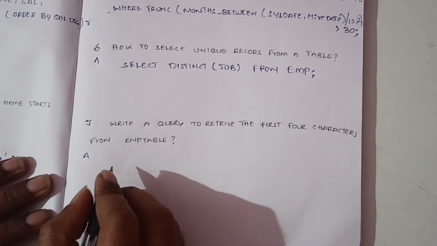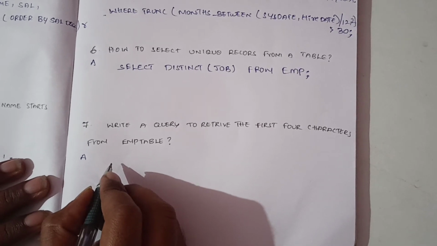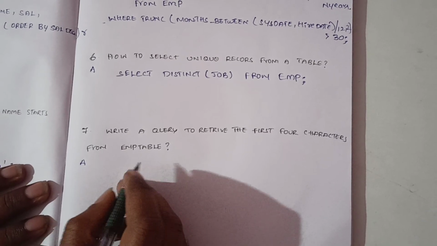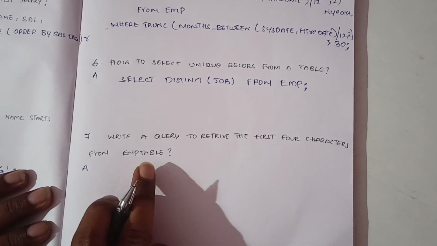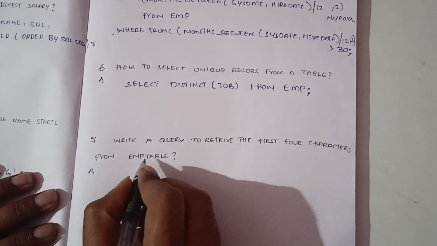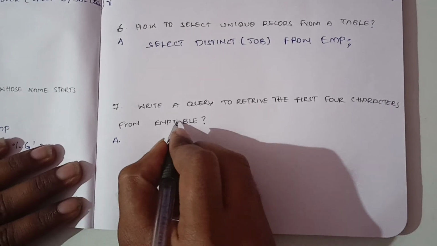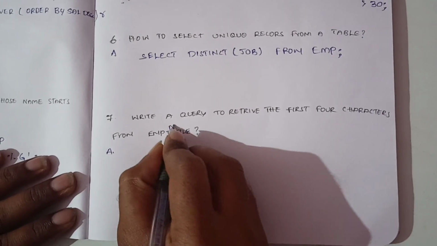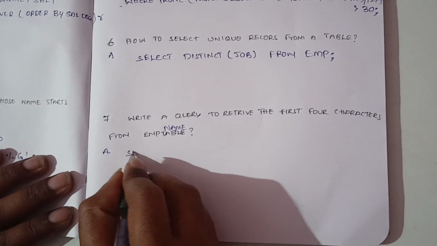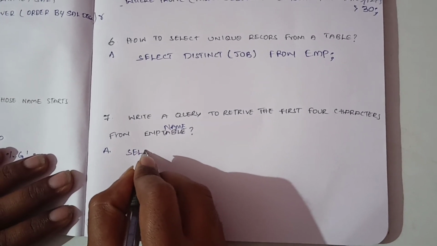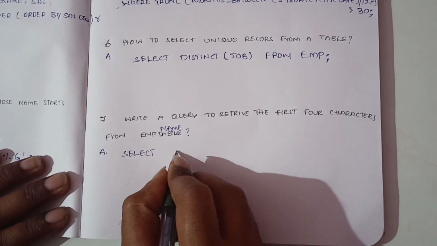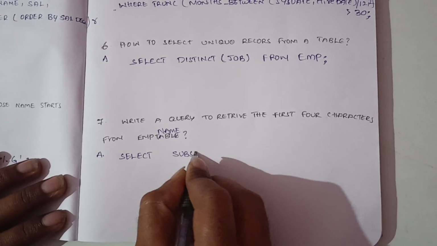Now we are going to see the last query and seventh SQL interview question. Write a SQL query to retrieve the first 4 characters from the employee name. For this we are going to write the query, select, by using a substring.